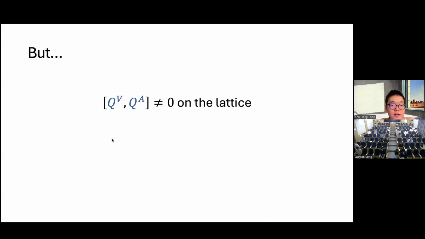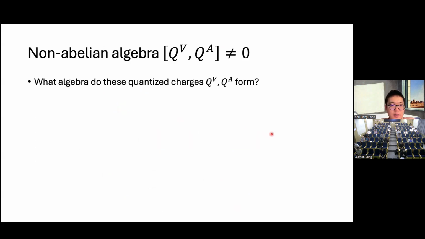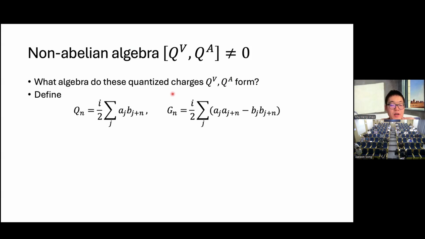Now, as I said, the only thing you give up is that QB and QA do not commute on the lattice, whereas they do commute in the continuum. Now, if they don't commute on the lattice, as was already asked, then what kind of algebra do they form? Let me talk about that. To that end, let me define something more general. Let me define Qn to be this expression.